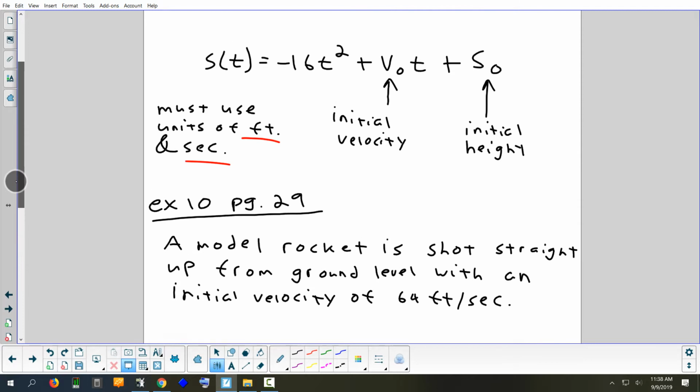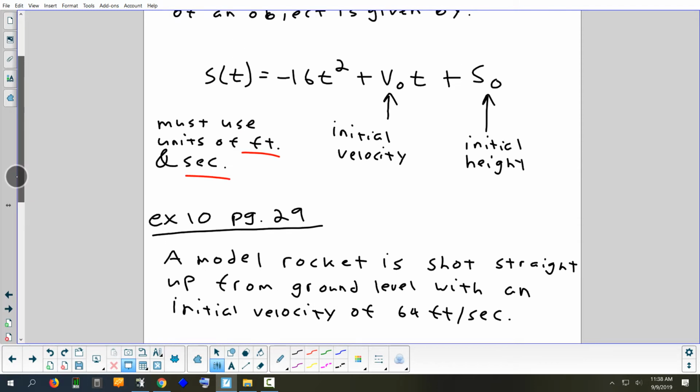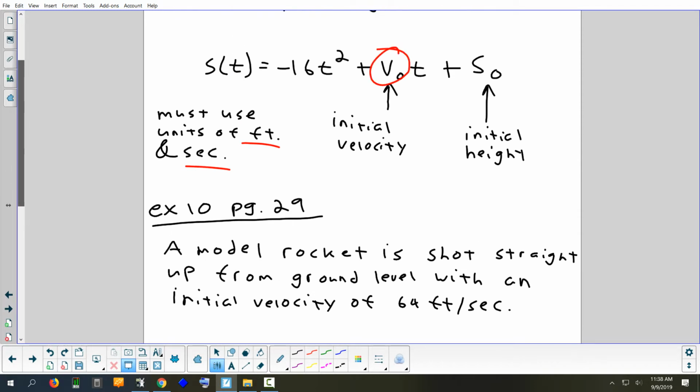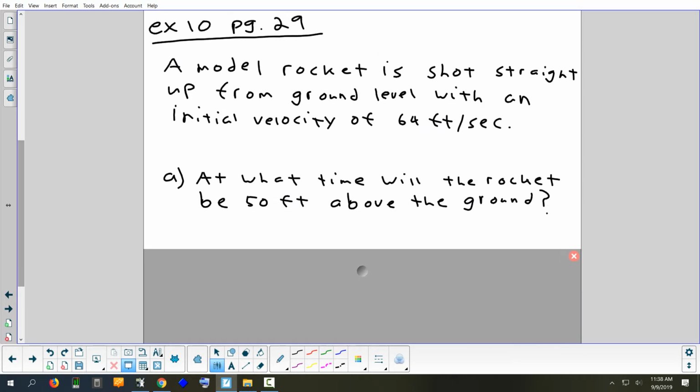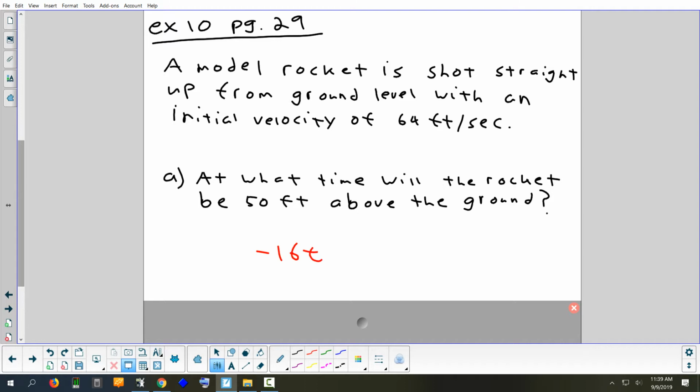Okay? So it says a model rocket is shot with an initial velocity of 64 feet per second. So we're going to fill that in. So negative 16t squared plus 64 feet per second plus the initial height, but it says ground level.